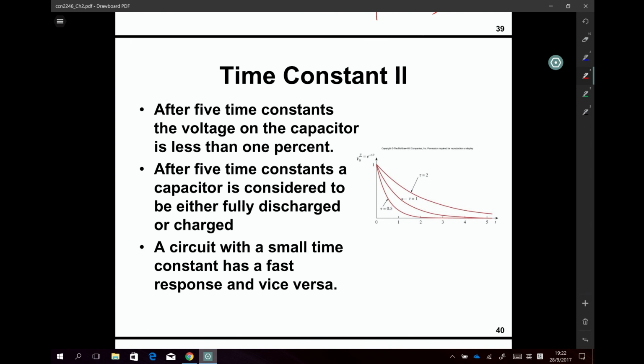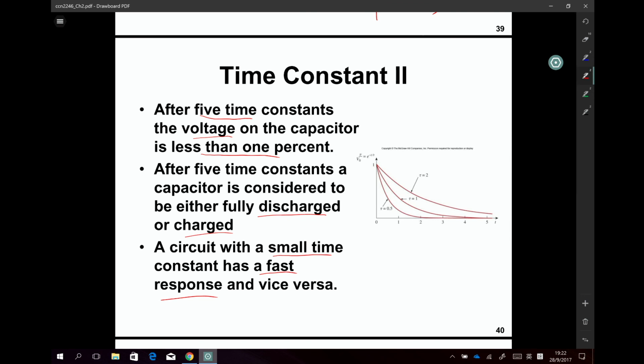Now we say that at 5 time constants, the voltage of the capacitor will be less than 1%, and we can consider that the capacitor is fully discharged or charged at that time. It depends on whether you are charging or discharging the capacitor. Therefore, if the circuit has a very small time constant, then you have a fast response, a fast discharging response.